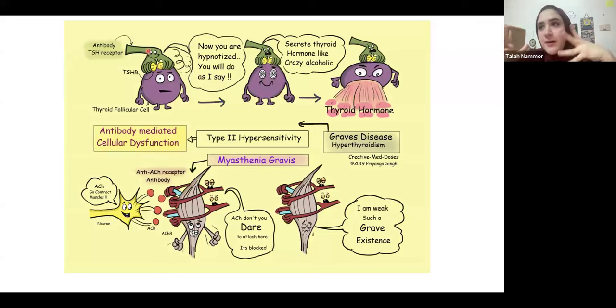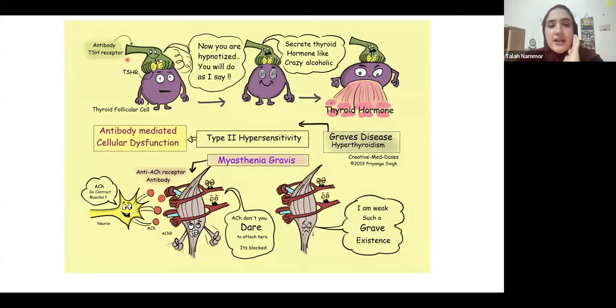When an antibody binds to the TSH receptor, normally TSH would activate the TSH receptor. But in this case, this random antibody like IgG or IgM binds to the TSH receptor and it's going to hypnotize it. So it's an agonist, and Myasthenia gravis is an antagonist.